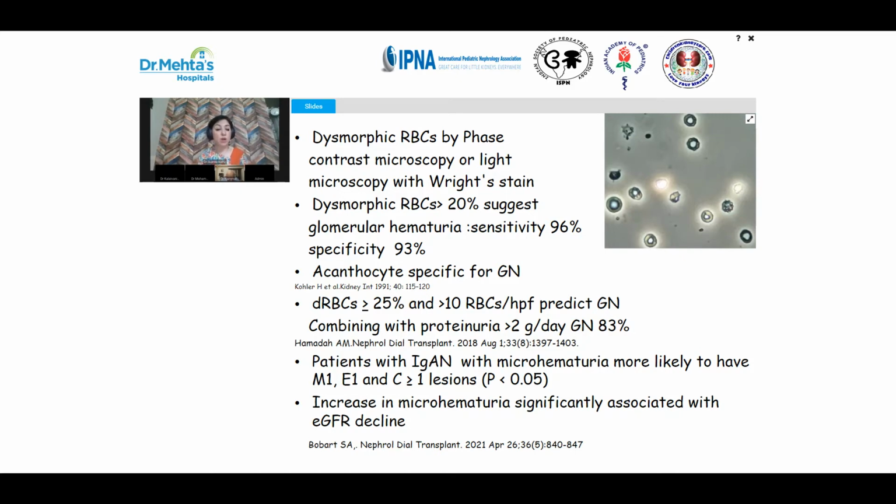It has also been shown in recent studies that patients with IgA nephropathy with microscopic hematuria are more likely to have more severe changes on biopsy, and increase in microscopic hematuria is significantly associated with increase in glomerular filtration rate decline.